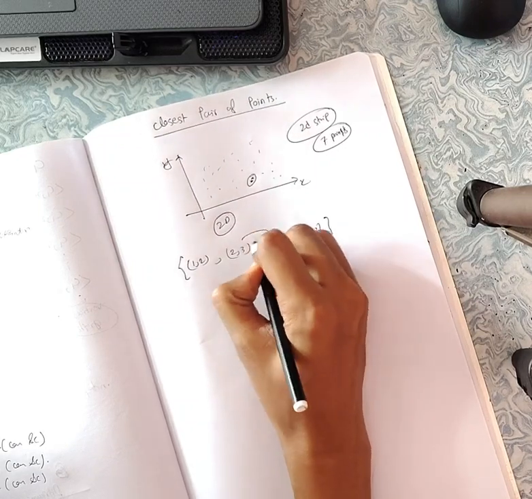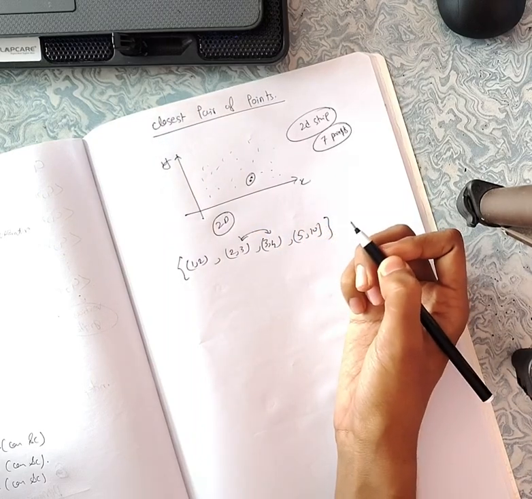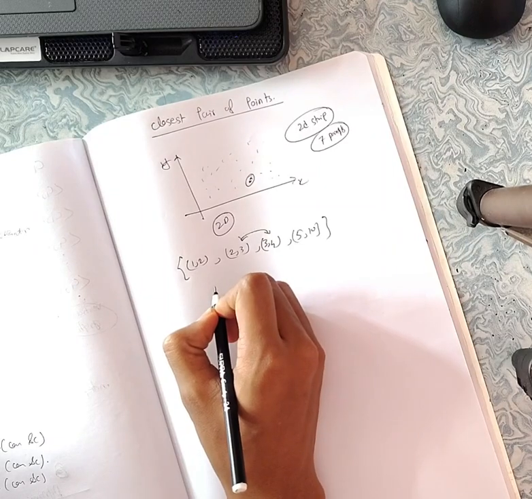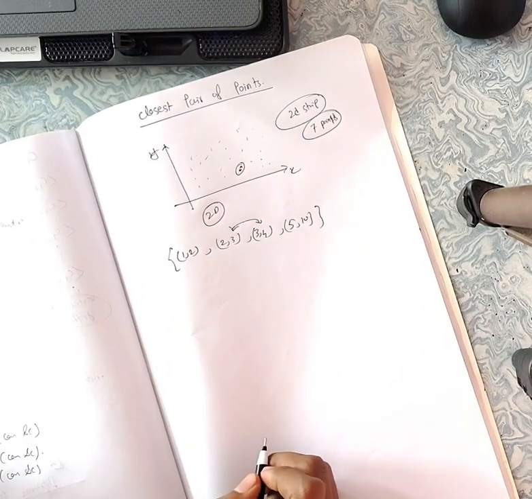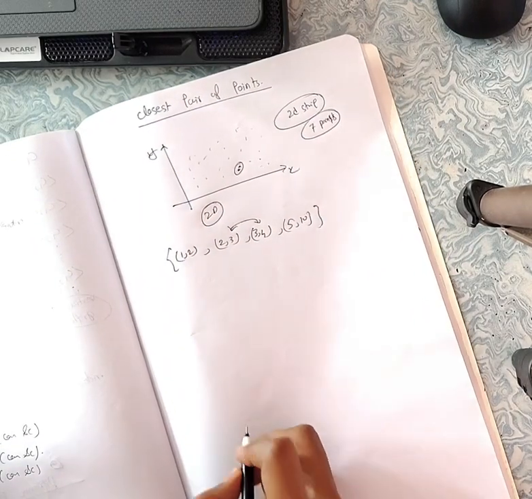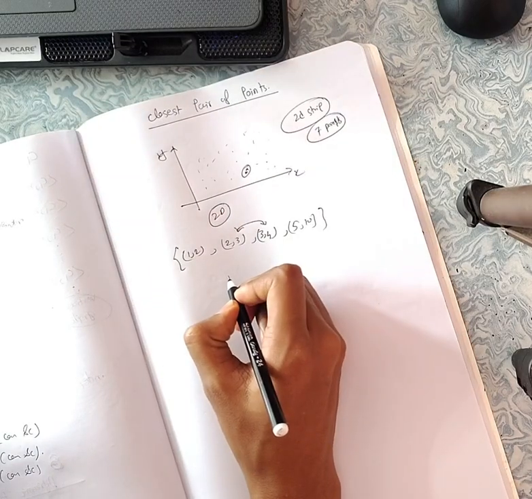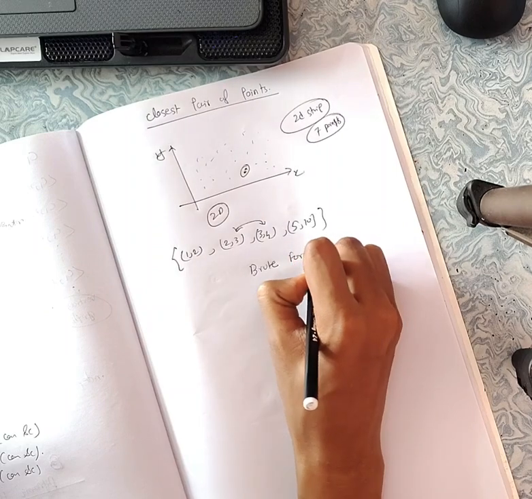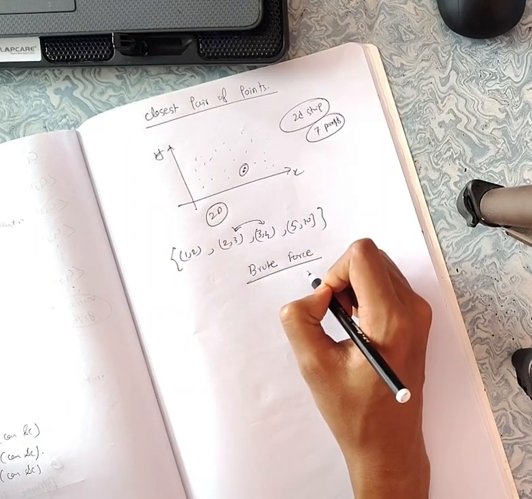Suppose this pair is the closest. This may not be the closest, but I am assuming this is the closest. So how are you going to find which pair is the closest? You can think about the brute force way.